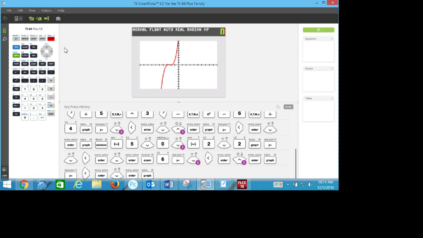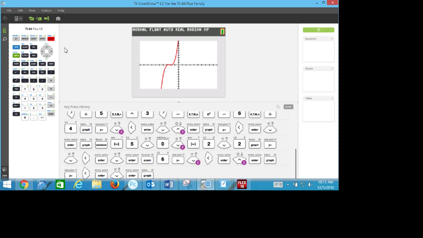Start figuring out where you think the zeros are. Can you look in your table to help? Yeah. But zeros are not the y-intercept. The zeros are not the y-intercept. Only the x-intercepts.